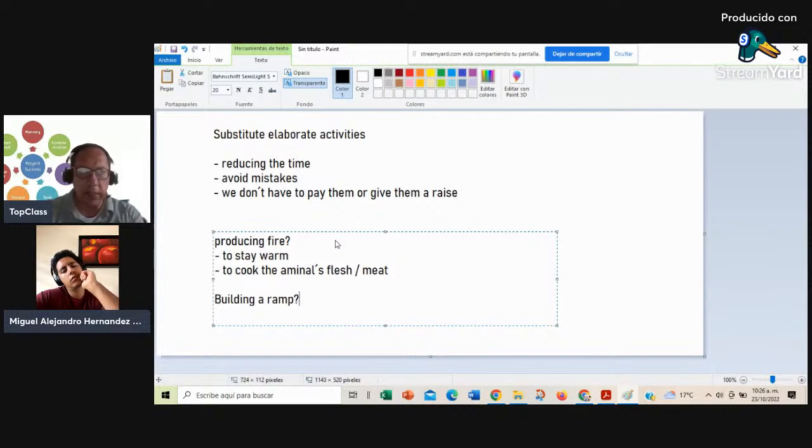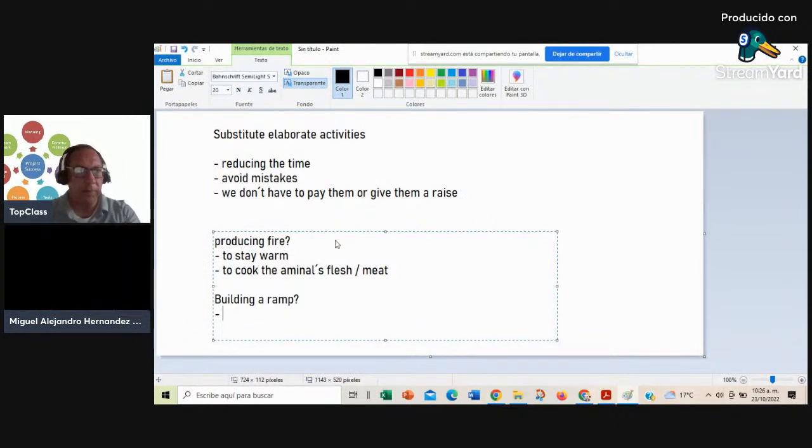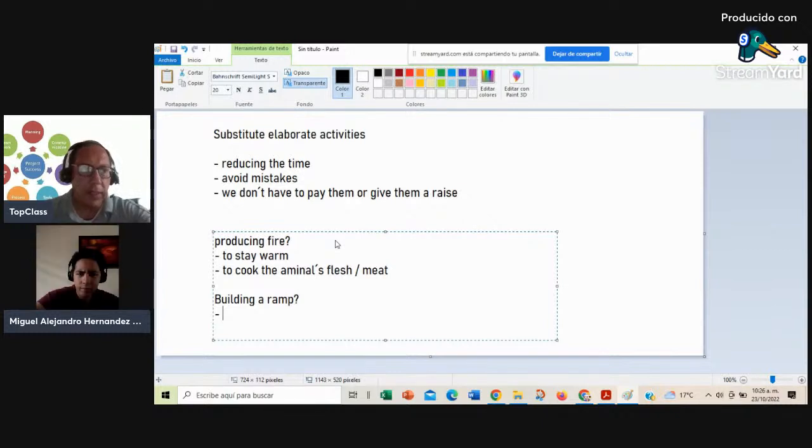And then why would they build or use a ramp? What would be the purpose? Ramp is rampa. Building a ramp.